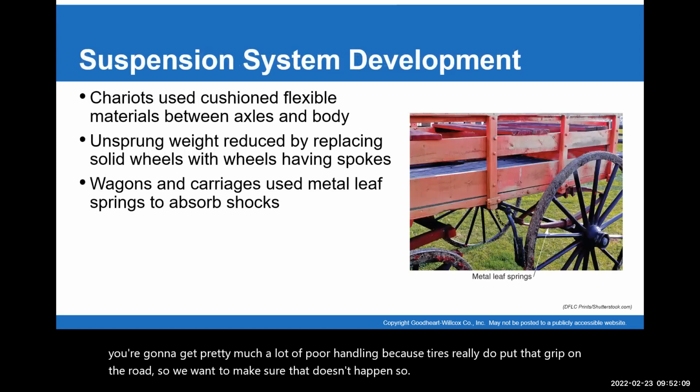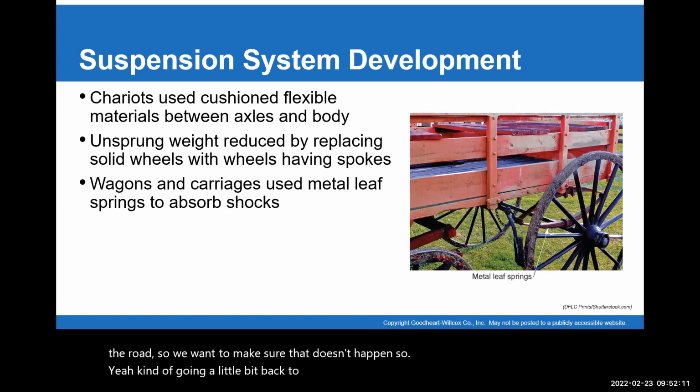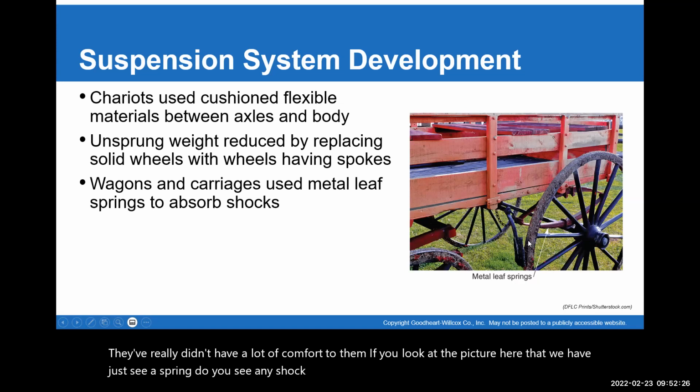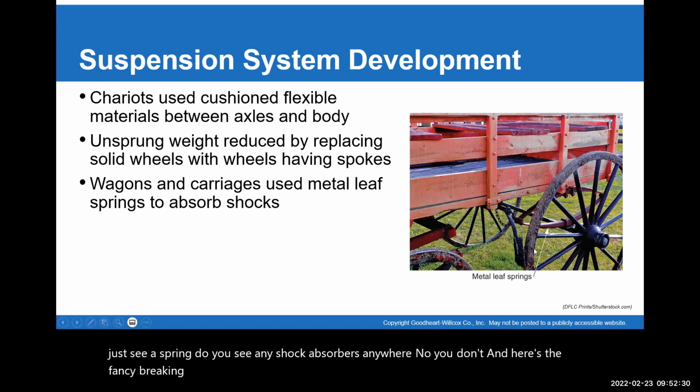So kind of going a little bit back to the covered wagons and stuff like that, they really didn't have a lot of comfort to them. If you look at the picture here that we have, you just see a spring. Do you see any shock absorbers anywhere? No, you don't. And here's the fancy braking system you have here. We actually have like a paddle that goes on the wheel.